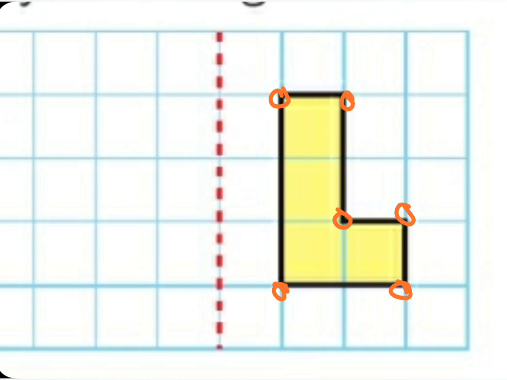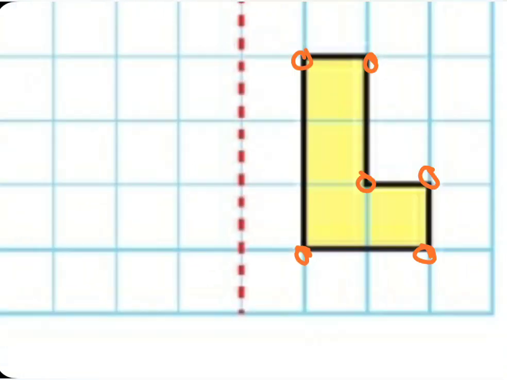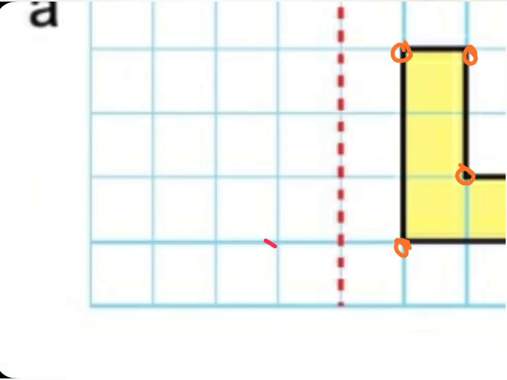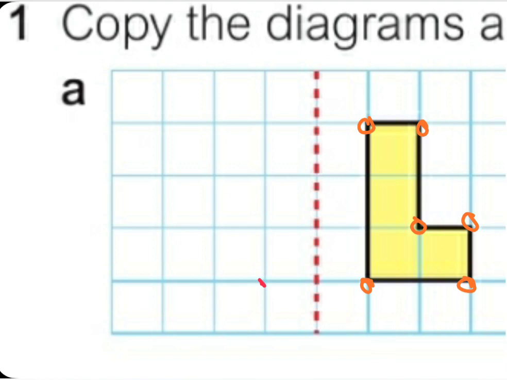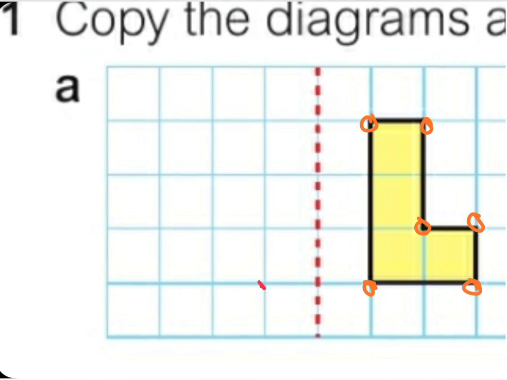First, let's take a look at the distance for the first point here. Now, as you can see here, this is one box. So we come here, we measure one box, and we put the point like this here. Now, we do the same for all points.